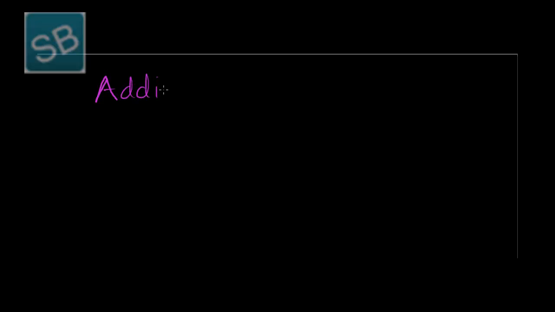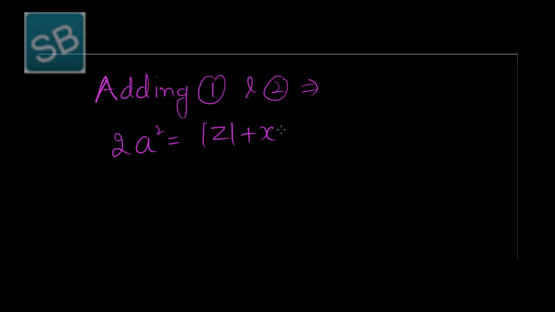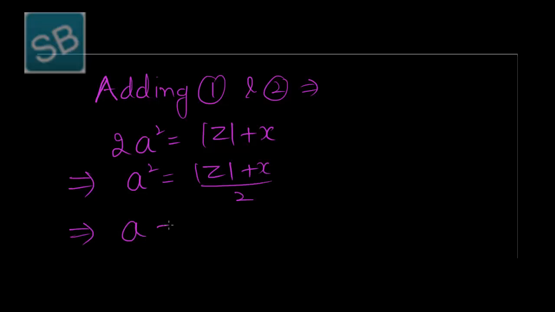Adding 1 and 2, we get 2a square is equal to mod z plus x. That gives a square is equal to mod z plus x over 2, and that gives a is equal to plus minus under root of mod z plus x over 2.